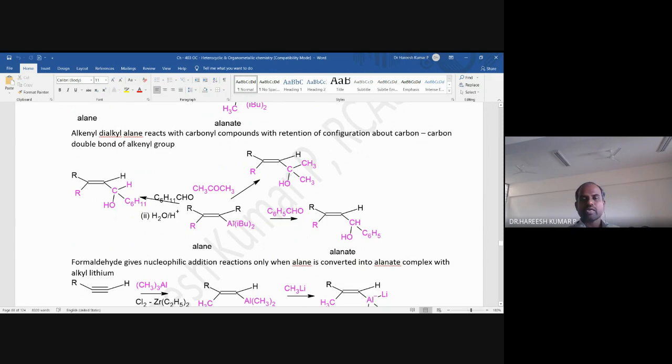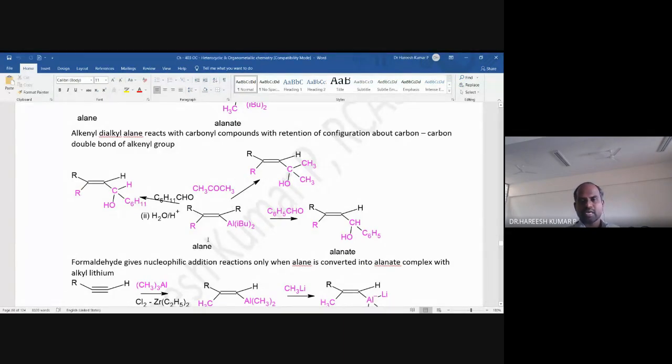It will convert the alane into alanate. Once this alane becomes alanate, this bond pair can form a bond with this carbonyl carbon, and that on hydrolysis gives the substituted product. And this substitution does not affect the stereochemistry of the double bond present in it. So that is the speciality about this reaction.